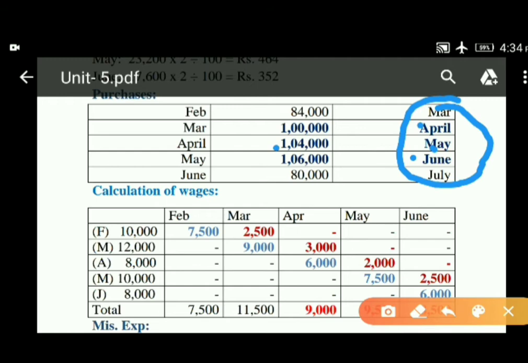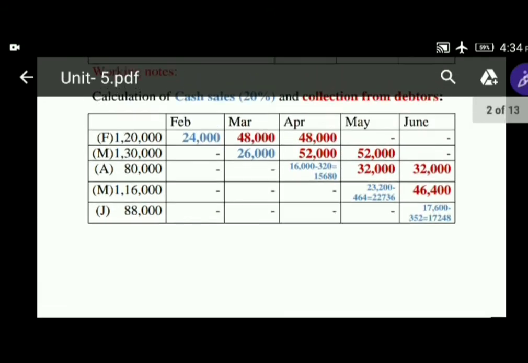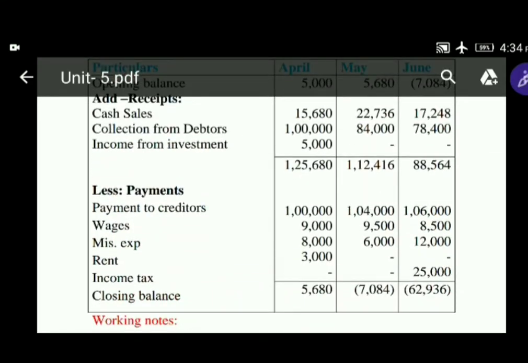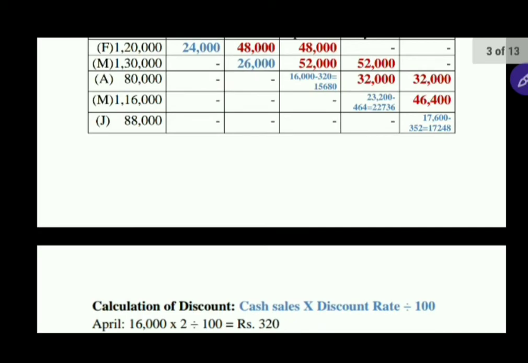So the amounts payable towards creditors for April, May, June are 1 lakh, 1,04,000, 1,06,000 respectively. Okay, next, coming to the calculation of wages.